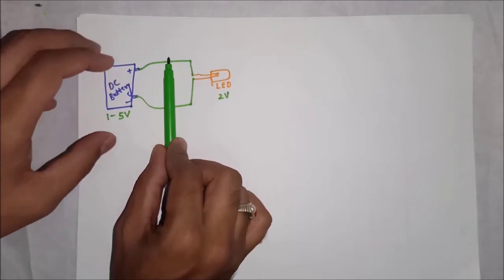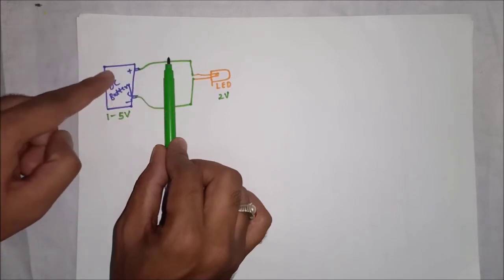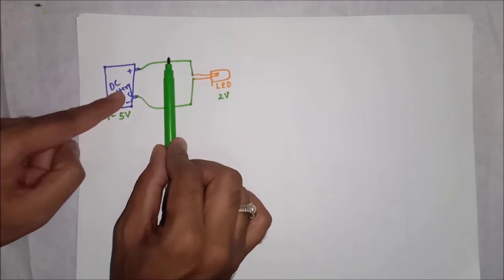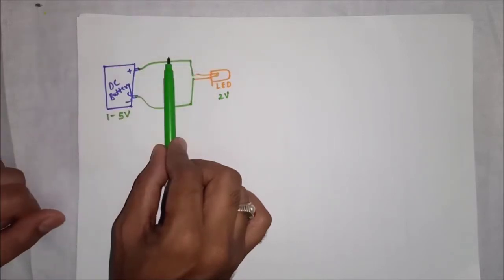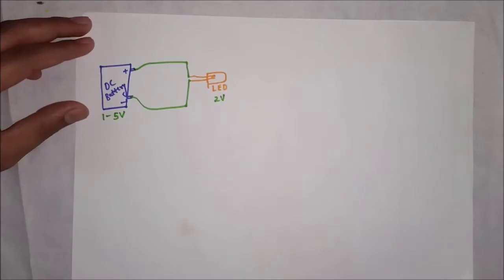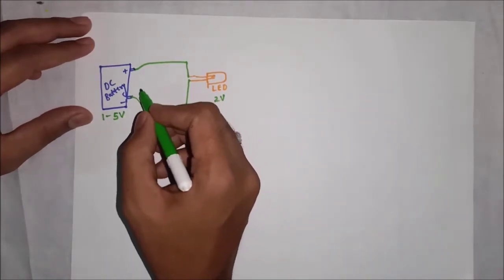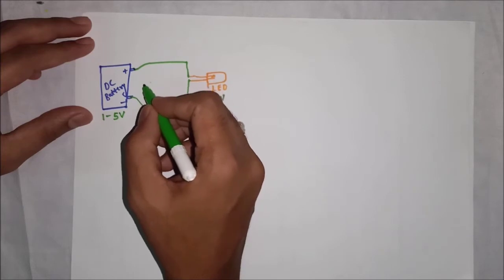Suppose you apply less voltage, again it goes like this. If you apply more voltage also, the current goes like this. But how to use this LED bulb? I have to keep one person here. He has to sit here.